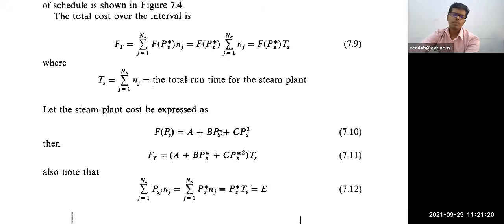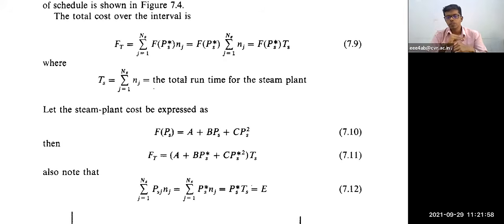Previously we saw it as A PS square plus B PS plus C, and you can take it like that also. Only the constants are varying, so nothing is wrong if you take it like this.